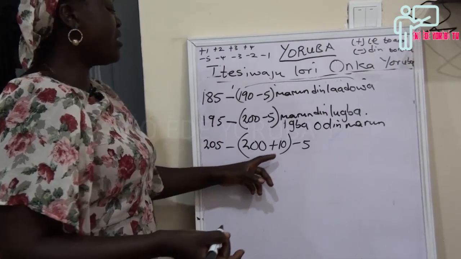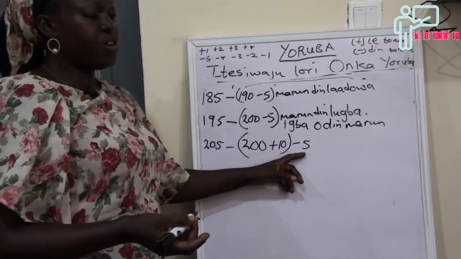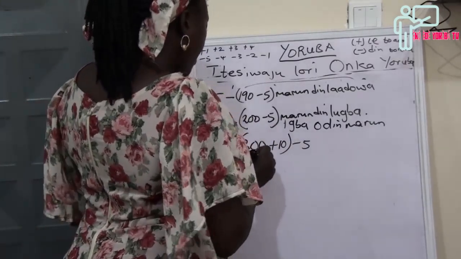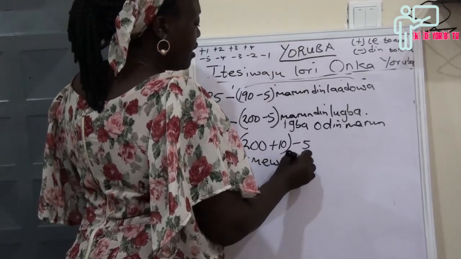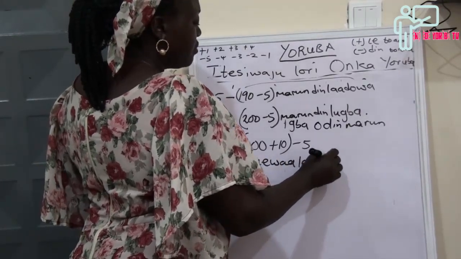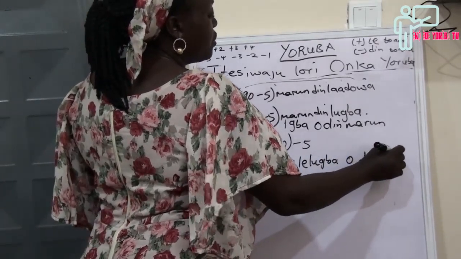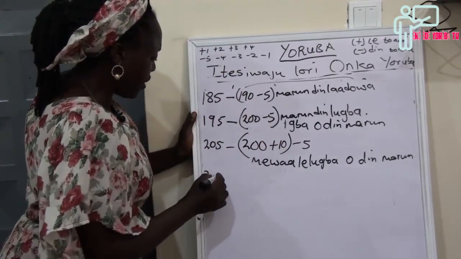So you can say mẹ́wàálélúgba ó dín márùn-ún. So this one is also 305.